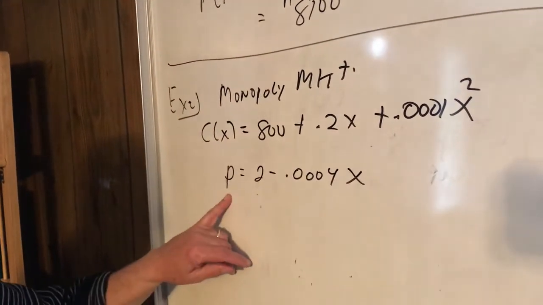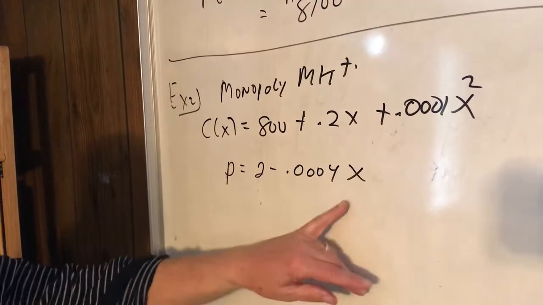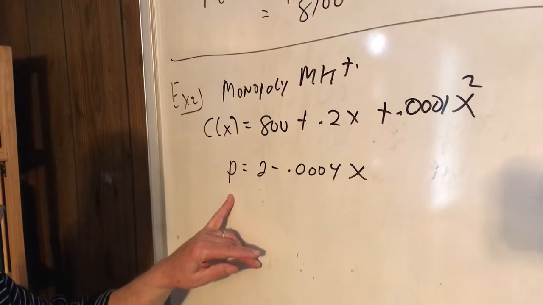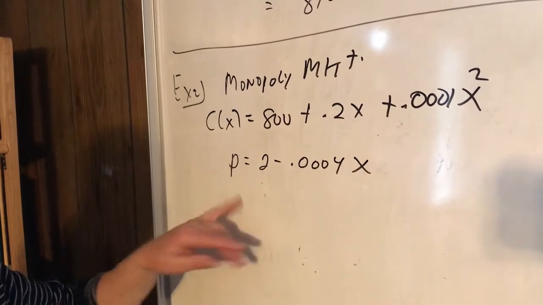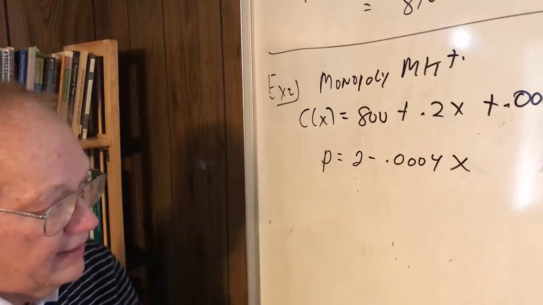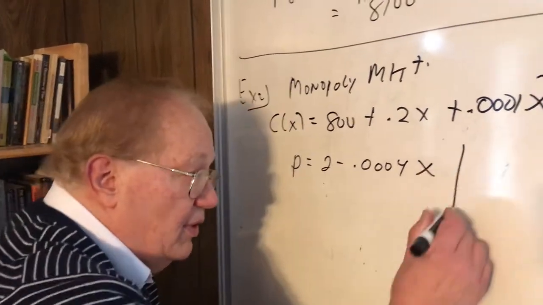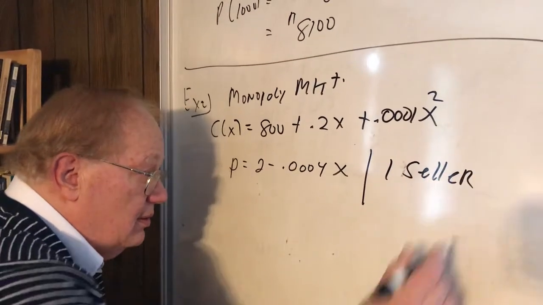Notice this is a price per unit, and x is the number of units sold. So that's demand, that's price. Now notice demand depends on price. If I set my price, I can control my demand. This usually means that we only have one seller.